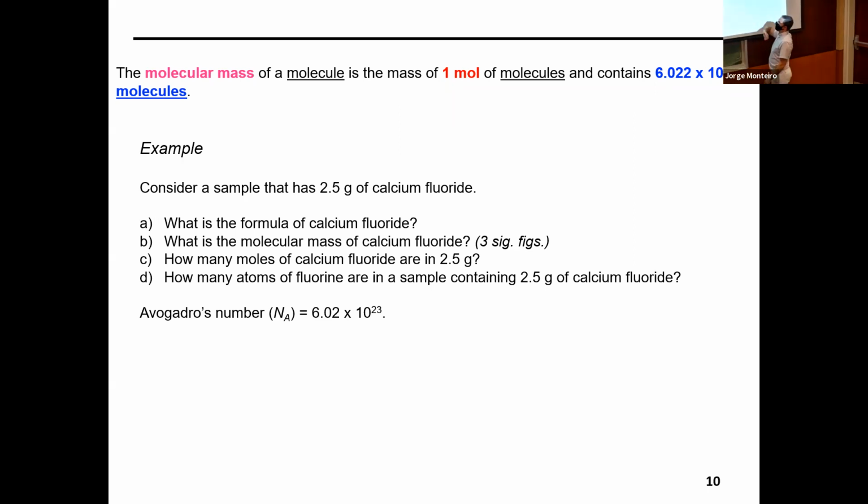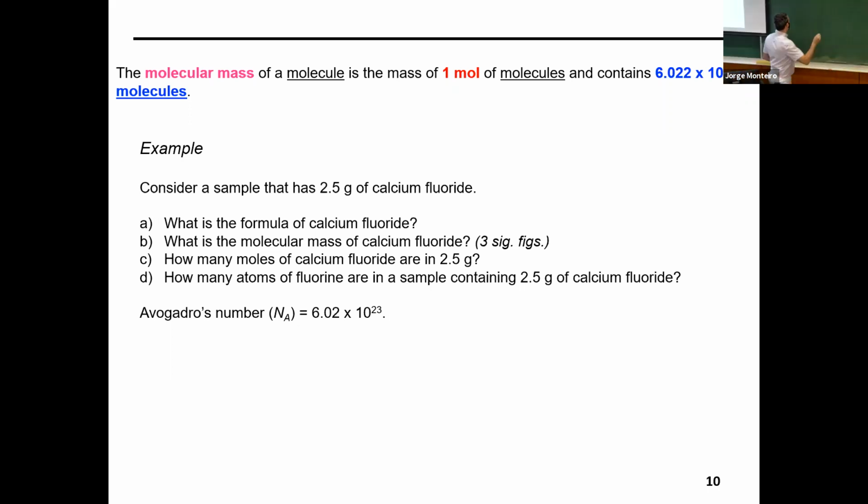For the example here, we have a sample that has 2.5 grams of calcium fluoride. If I'm not wrong, we tackled A and B, and what's left here is C and D. I will go over them, and we will move on to the next topic.